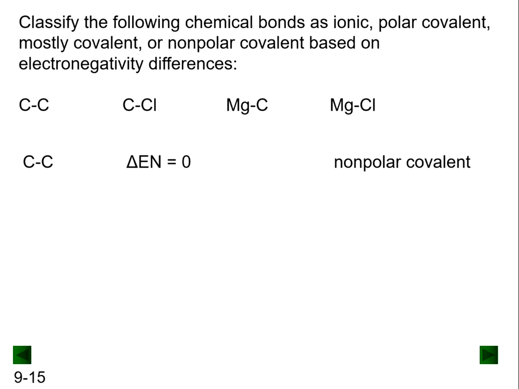That is a nonpolar covalent interaction. For carbon-chlorine, we take 3.0 minus 2.5 to get 0.5 as the electronegativity difference. This indicates this is a polar covalent bond.